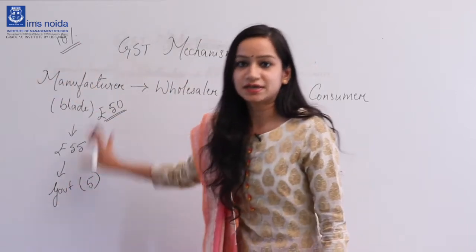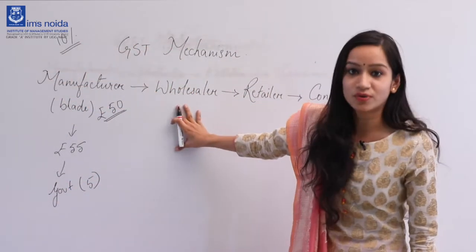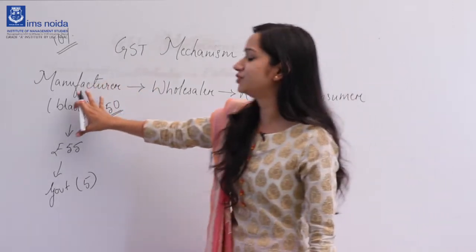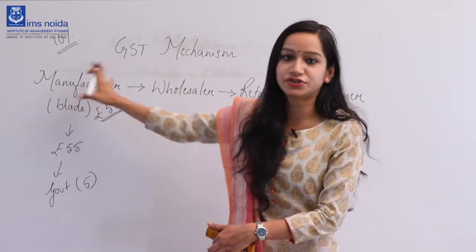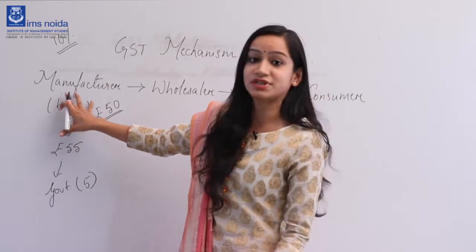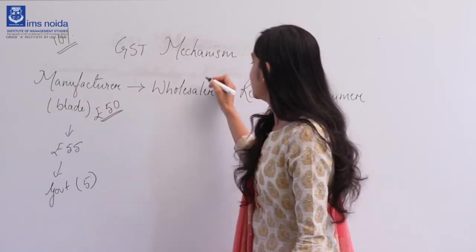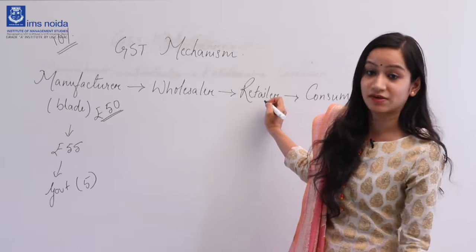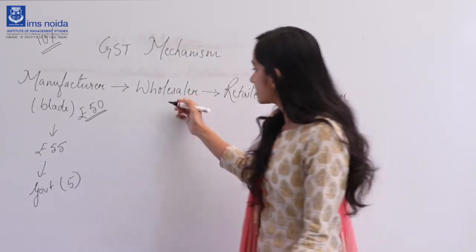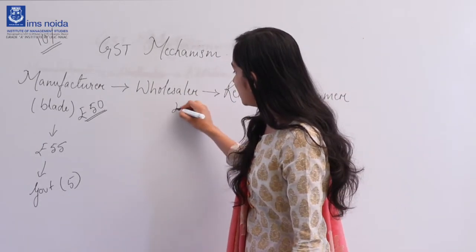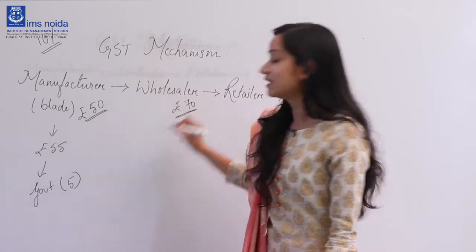Now, this is clear. After this we come to the wholesaler. The wholesaler will do certain packaging or certain addition to the product which the manufacturer has given, and will sell it to the retailer. Suppose the wholesaler is selling it at the price of rupees 70.